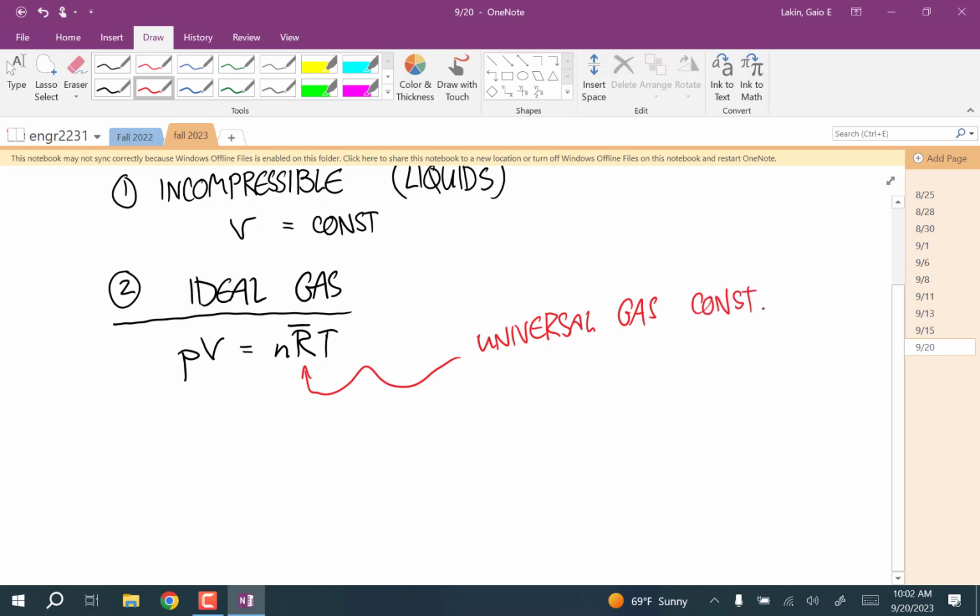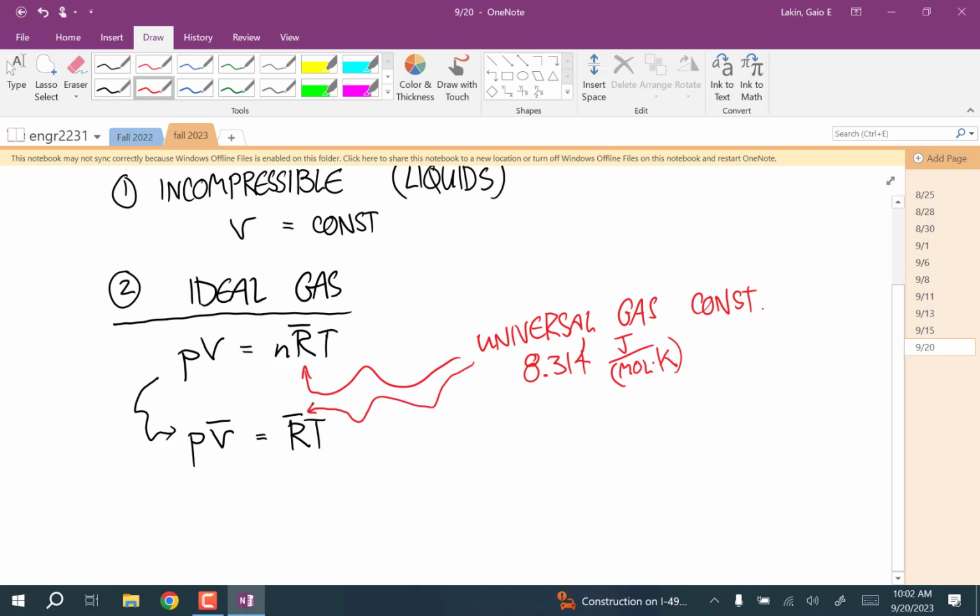That holds for every gas, and that's equal to 8.314 joules per mole times Kelvin. And you can rewrite that as P times the molar specific volume is equal to the universal gas constant times the temperature. But we're not actually using either of these.